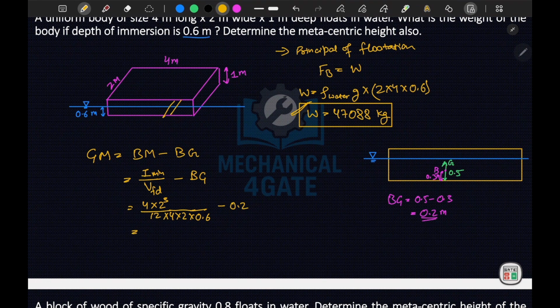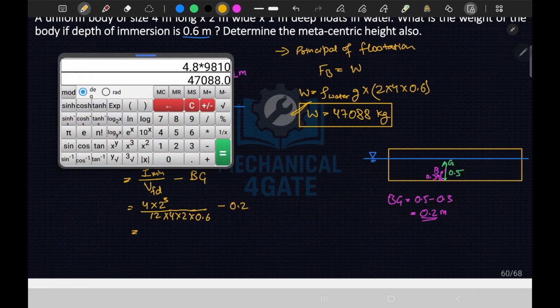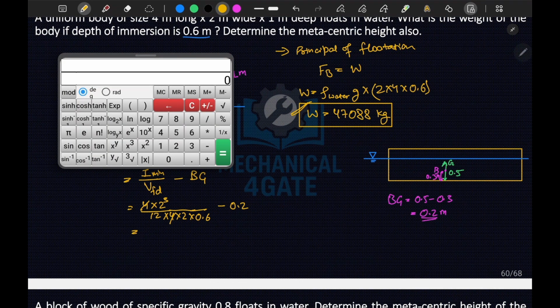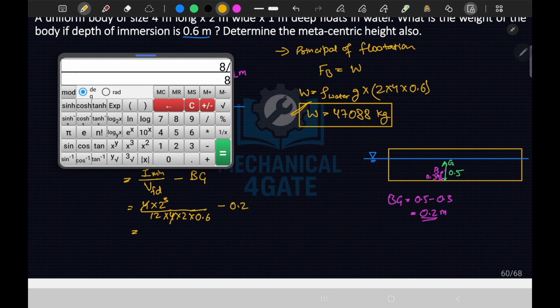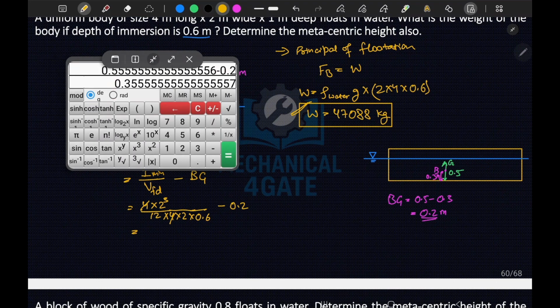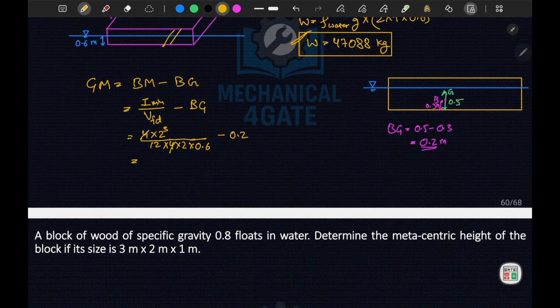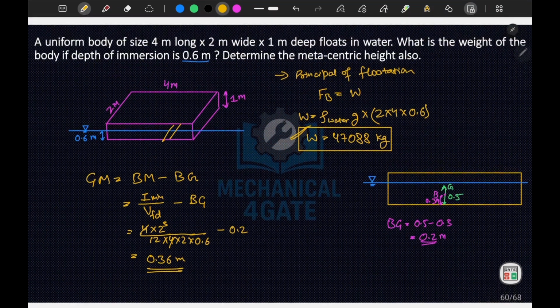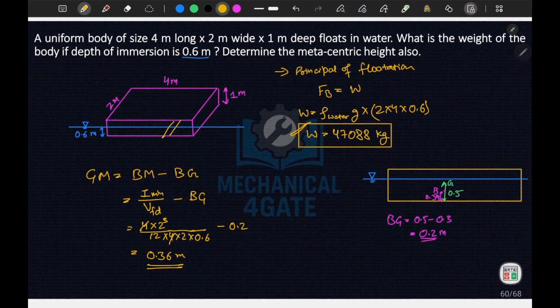If you solve this, let's cancel out first: 4 and 4 cancel out. Now 8 divided by 12, divided by 2 times 0.6, minus 0.2, comes out to be 0.36 meter. So this is your metacentric height.